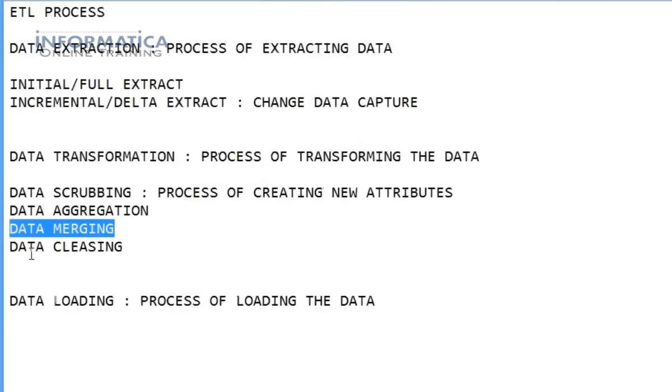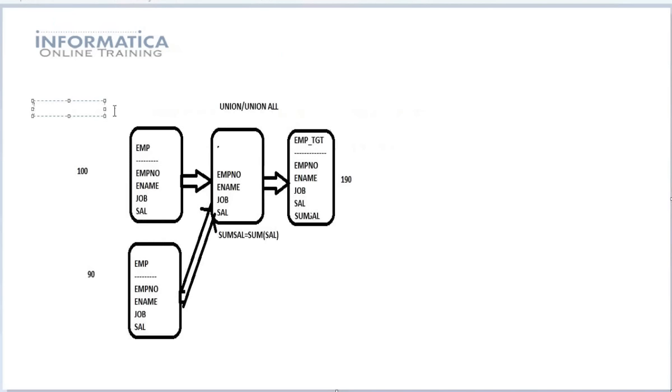This process is called data merging. Another process is called data cleansing. Let us say your source contains missing data, duplicate data, or null values. At the transformation level, you eliminate all those things and load it into the target.